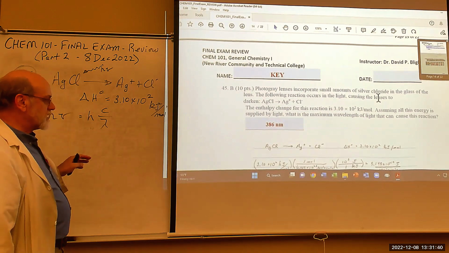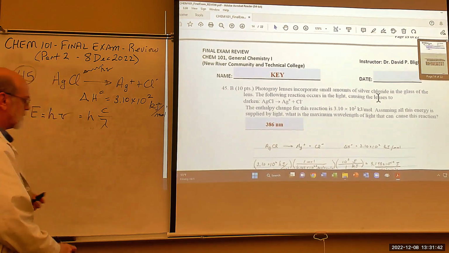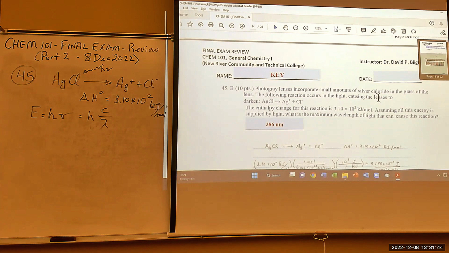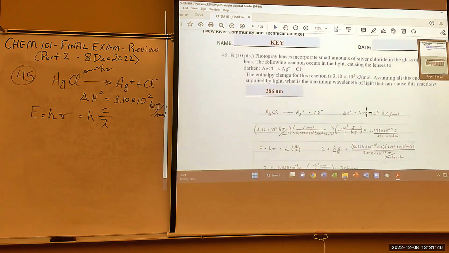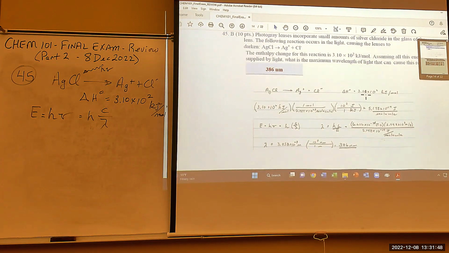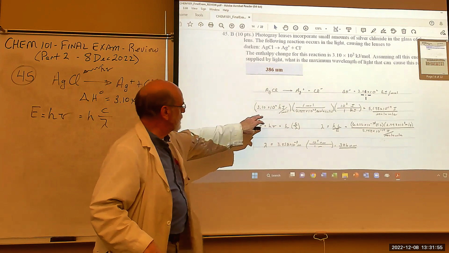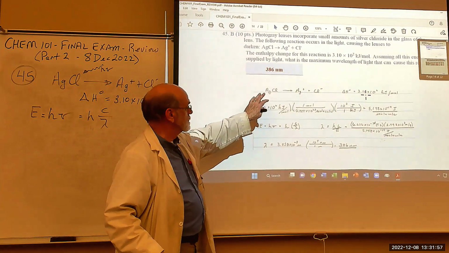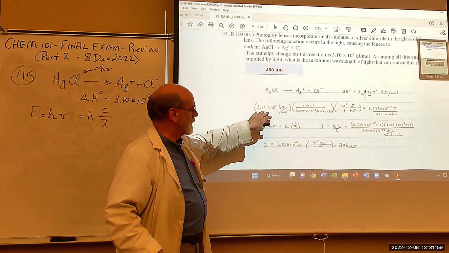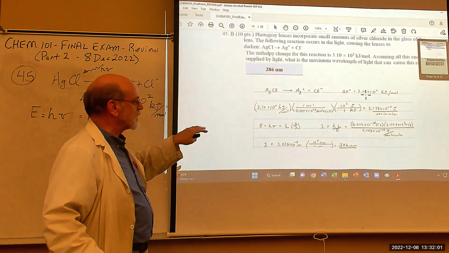So how much energy is involved? Well, let's see. Let me scroll this a little bit. See how much I can get on there. There we go. So here we have the energy per mole and how many molecules that is.